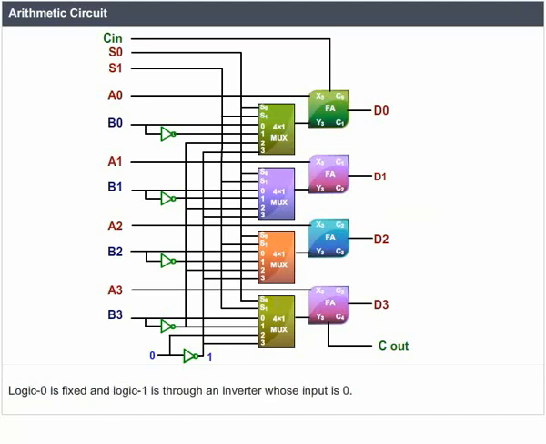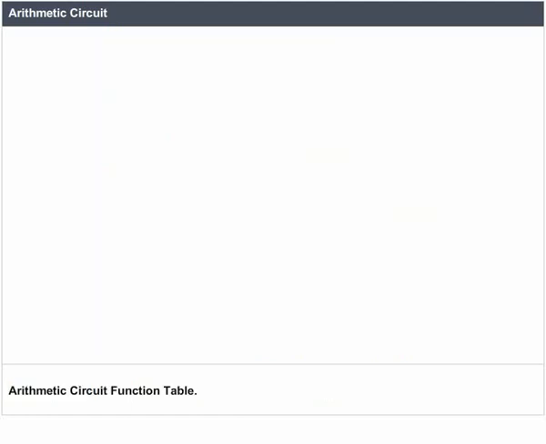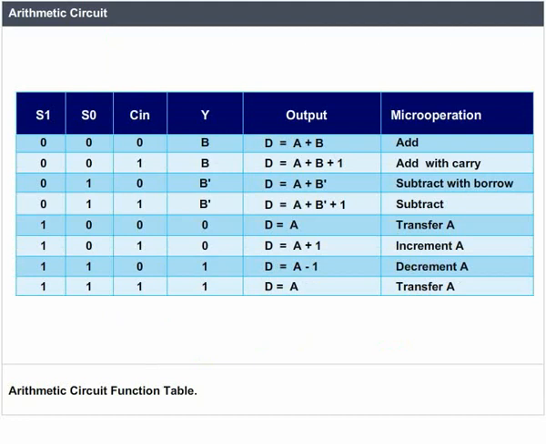Logic 0 is fixed and logic 1 is through an inverter whose input is 0. Input carry Cin goes to the carry input of the FA in the least significant position. The output of the binary adder is calculated from the following sum: D equals A plus Y plus Cin. Arithmetic circuit function table.